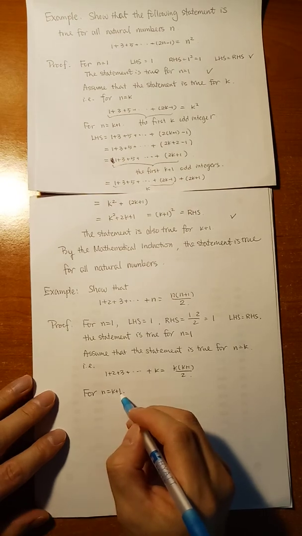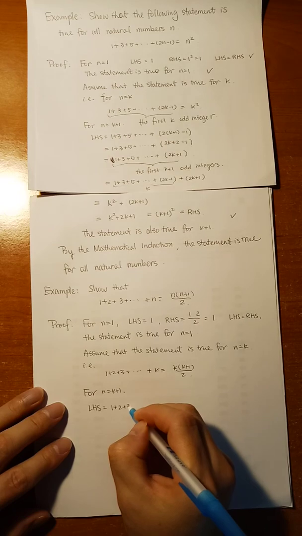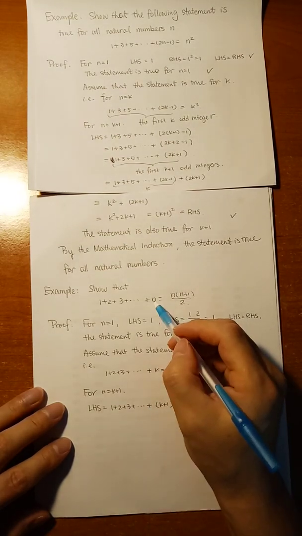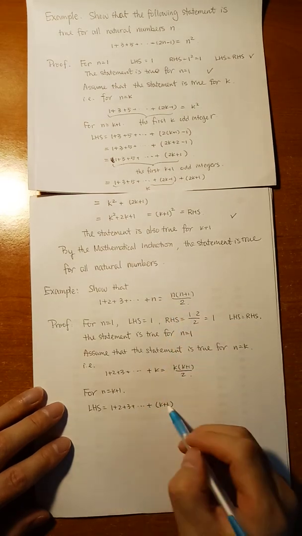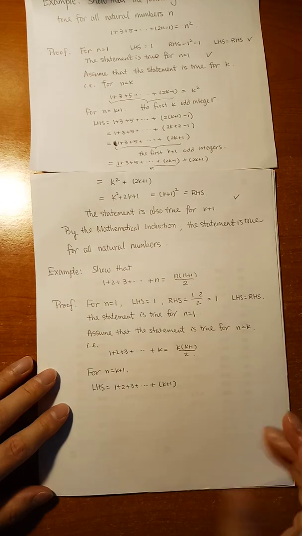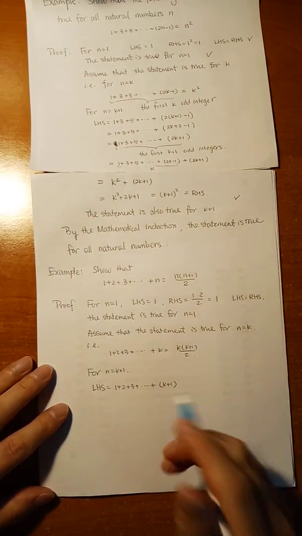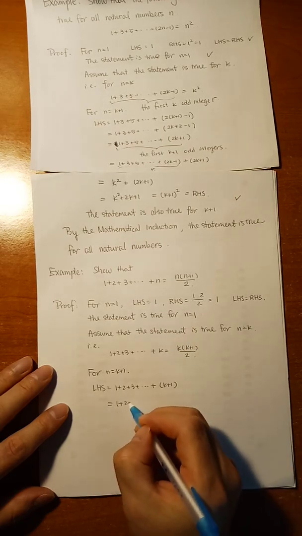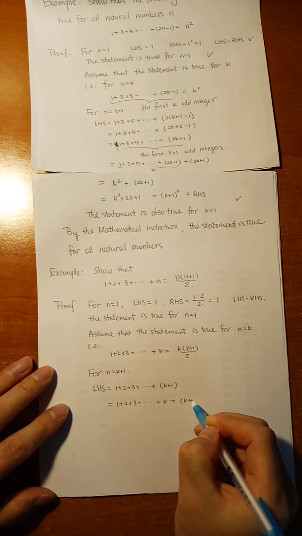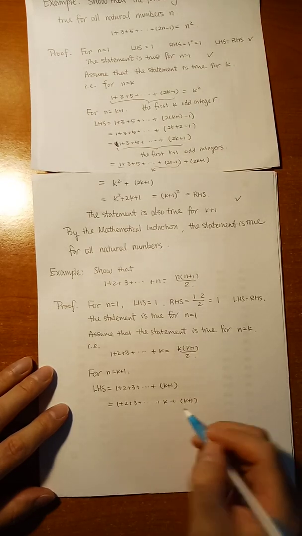We let n be k plus 1. We check the left hand side. You add up to n. n is k plus 1, so you use parentheses to emphasize this is n. So we add the first n plus 1 integers. If you write the preceding term of k plus 1, it is k.